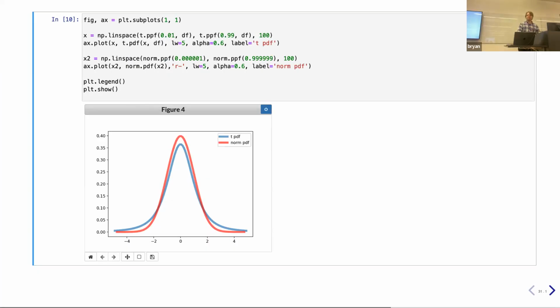This question is why we prefer to use T distributions. Bryan, I have a question. Why do you lose so many more significant digits for the Gaussian? Oh, maybe that's a point.